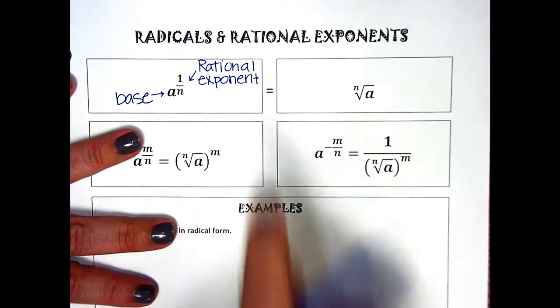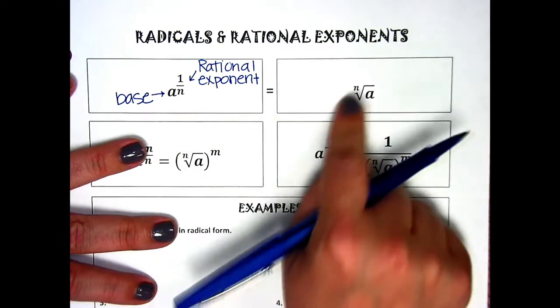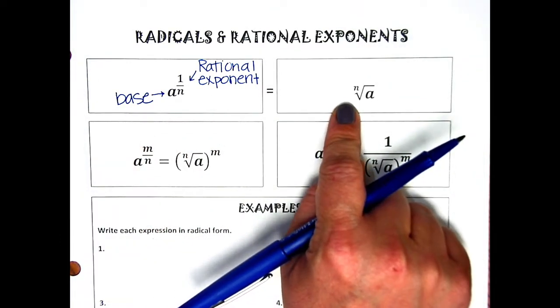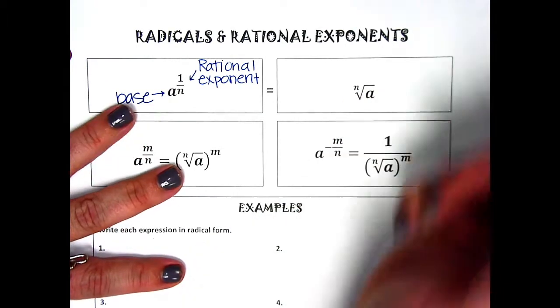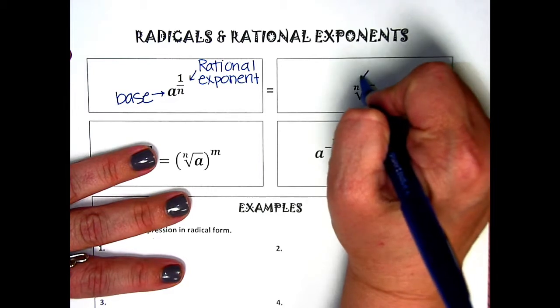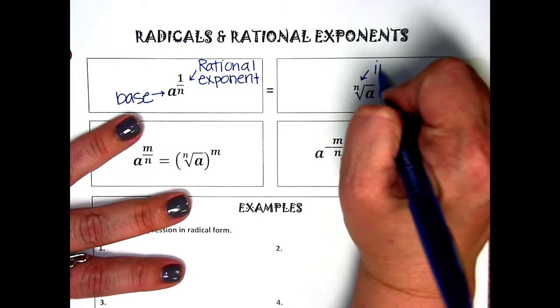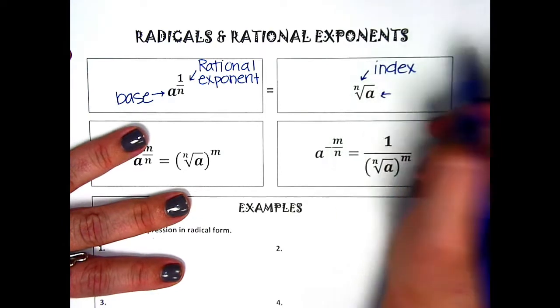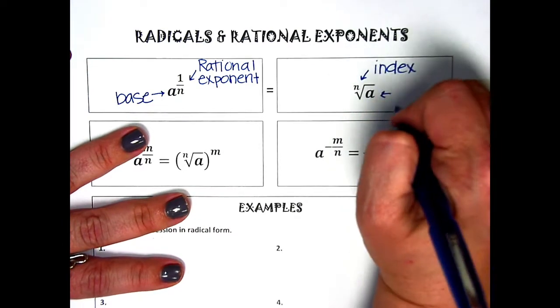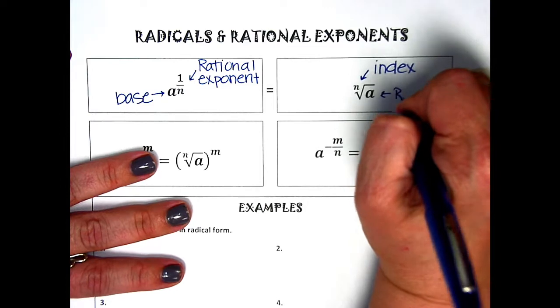And a to the 1 over n is actually the same thing as the nth root of a. The n is the index, and a, when it's underneath the radical sign, becomes the radicand.